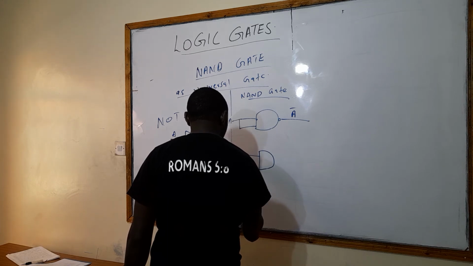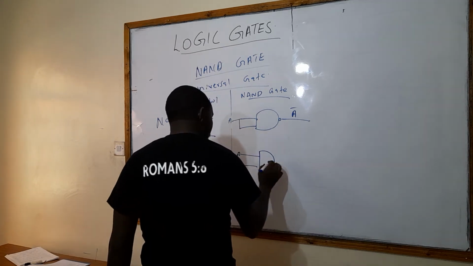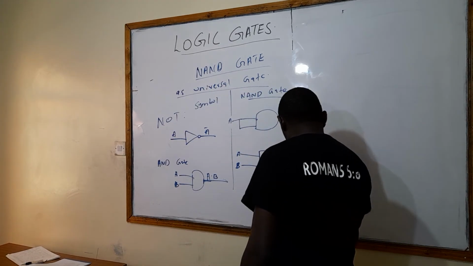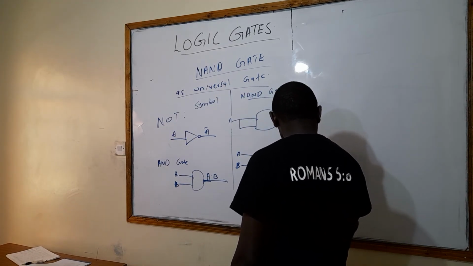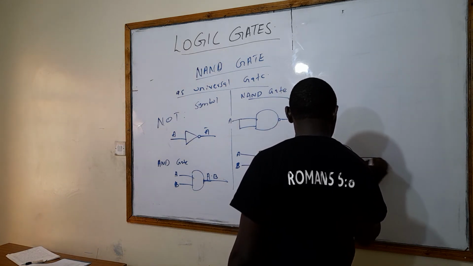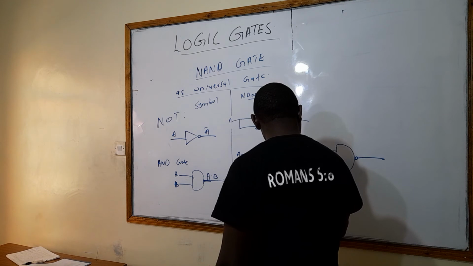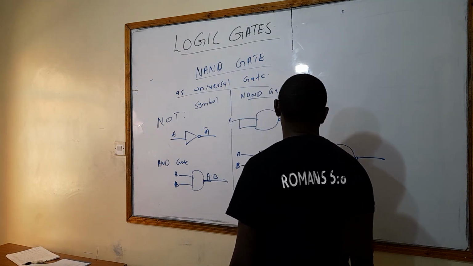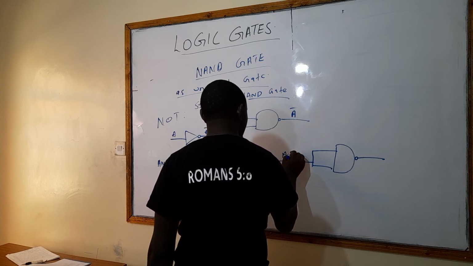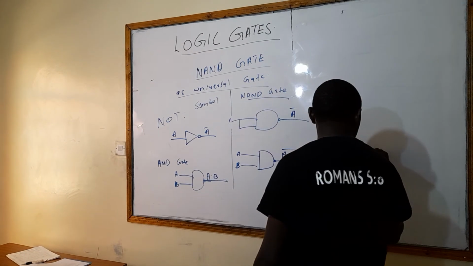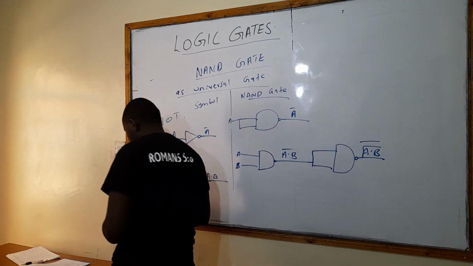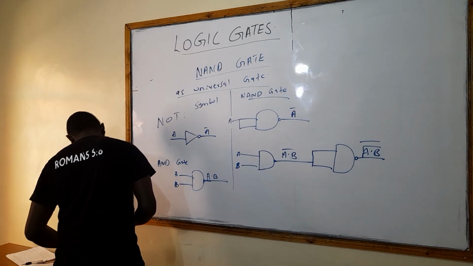This one is A, this one is B. And then you're going to add another NAND gate, and you combine this with a wire and you join them. So this one is (A dot B) bar, and (A B bar) bar. That is the result.